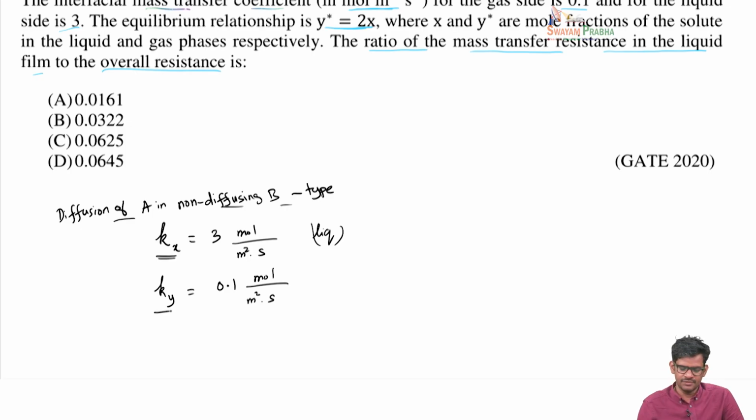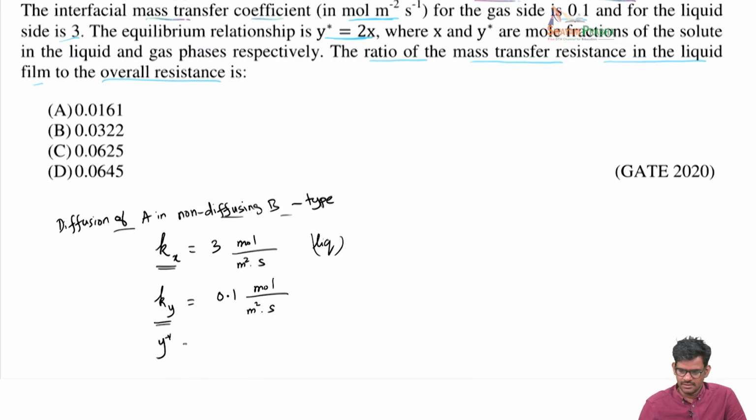Similarly, I am using for the gas phase small ky, because y is the mole fraction in the gas phase and the units are also the same. So here I infer, based on the type of the mass transfer as well as the concentration units and the mass transfer coefficient units, what symbol I should be using.